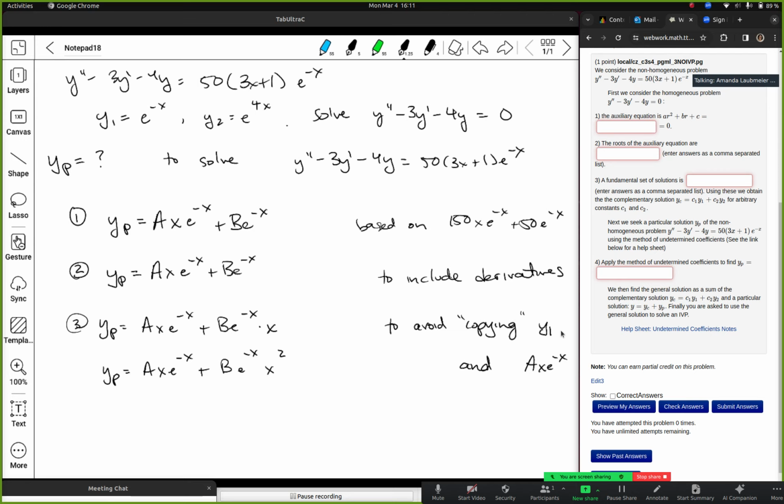So the big takeaway here is that my y sub p is going to be a x e to minus x plus b x squared e to minus x.